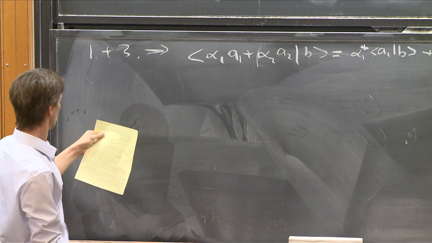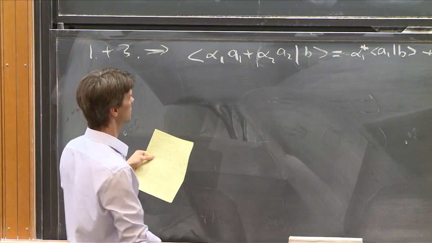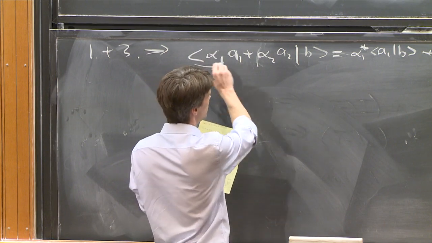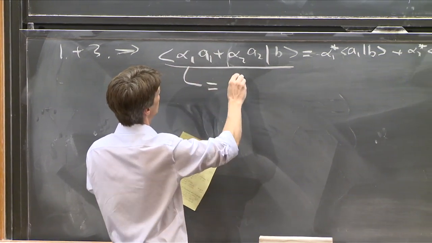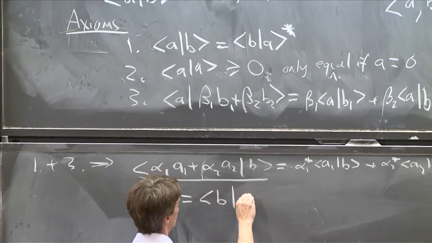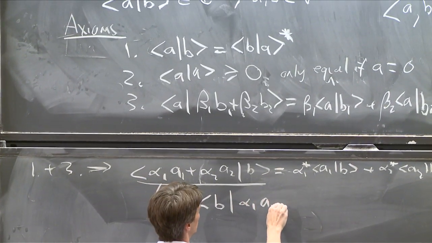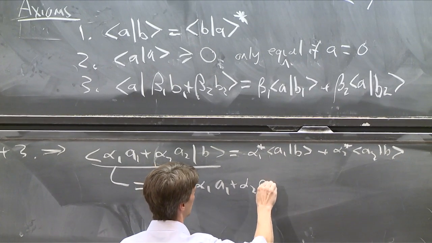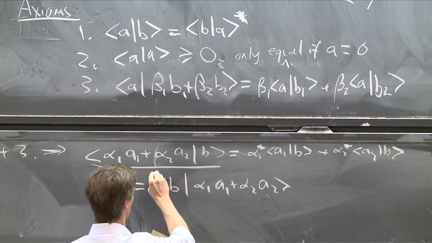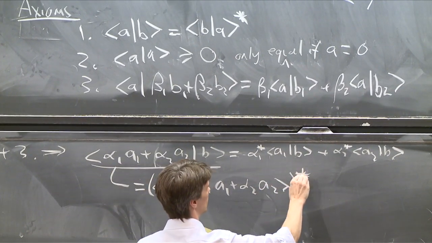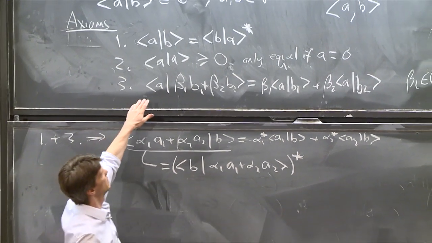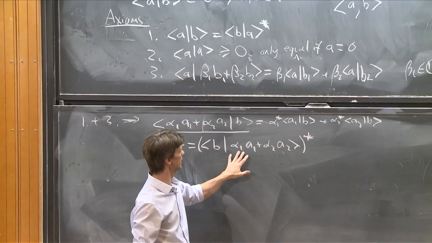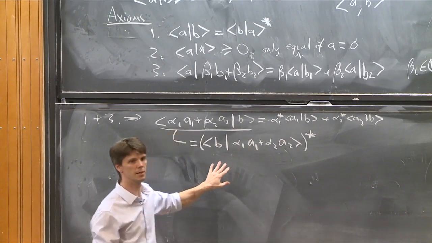So let's start with this expression and start with this piece. And we know that this will then be given by axiom 1 by B alpha 1 A1 plus alpha 2 A2 complex conjugate, right? And then by this linearity of the second argument, we can now distribute this piece.